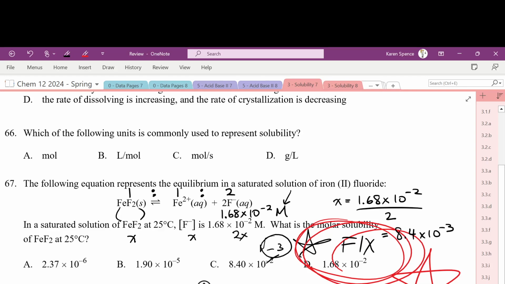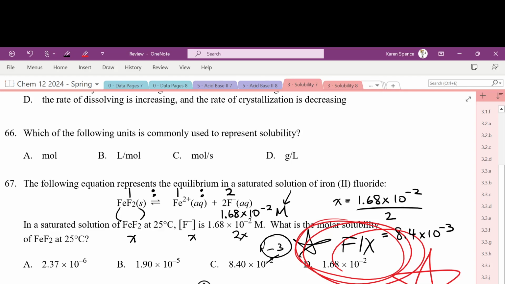Increase the solubility, you can shift to the right. Decrease solubility, shift to the left. So if you add silver, it's to the left.